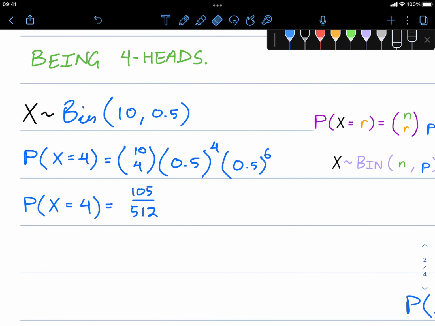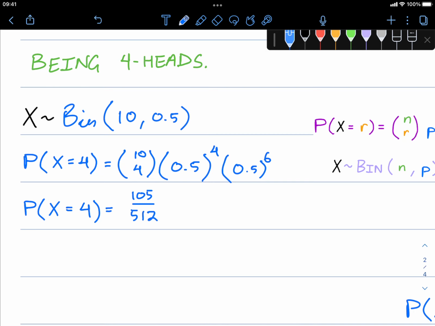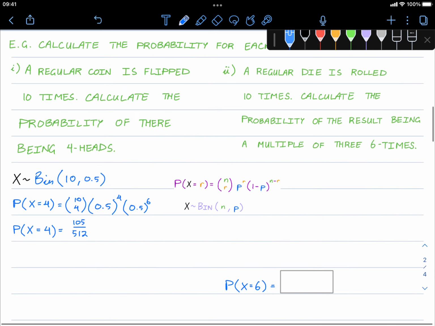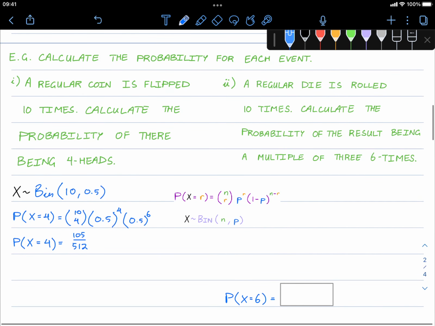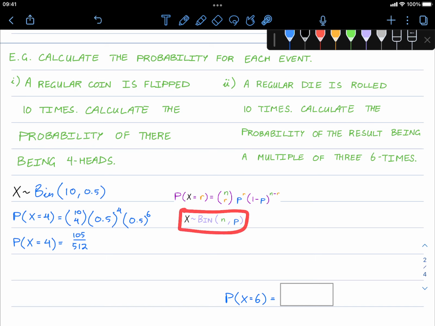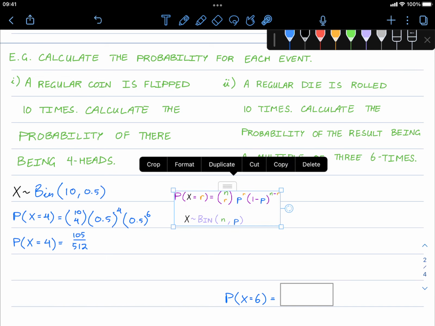You should get 105 over 512, or the equivalent decimal approximation for that. Okay, so hope you can see that by using this one example, we can define our binomial distribution or probability and then apply the formula. Okay, let's do the next one.